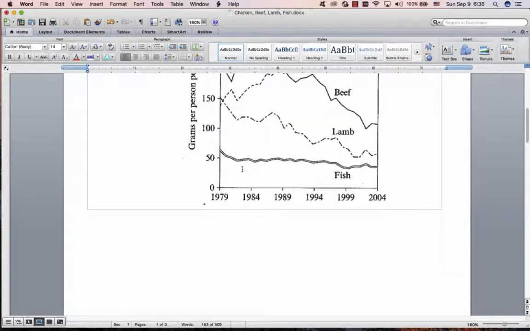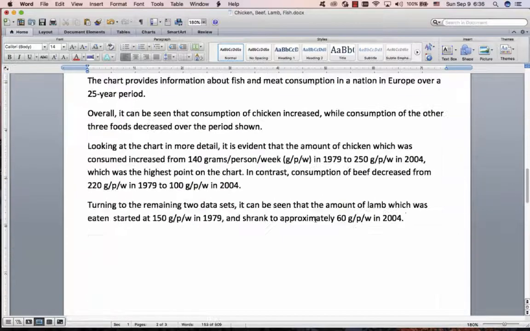Right, then we're going to do fish. Can you think of anything to say about fish? The line's pretty flat. This is more advanced, but throw it in. Consumption of fish. You don't have to do this. It's nice. It's nice for 2 reasons. Gives you another comparative, gives you a few extra words, but then it also gives you that a relative pronoun, an it or a this, and that's always very nice.